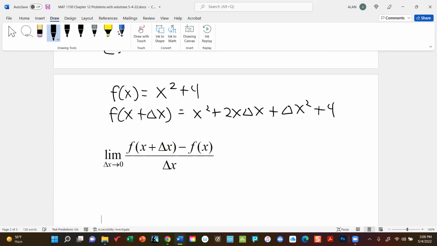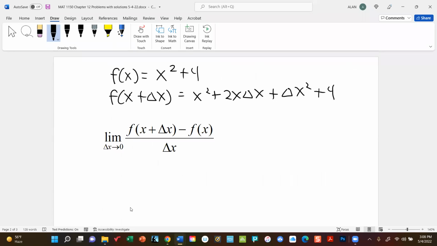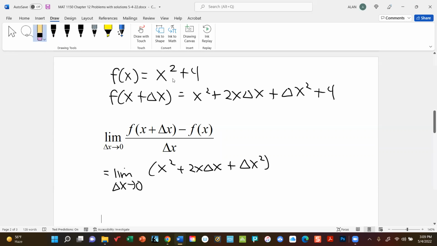The numerator will look like this: x squared plus 2x delta x plus delta x squared plus 4, and then we're subtracting the original function. And in the denominator, we just have delta x.